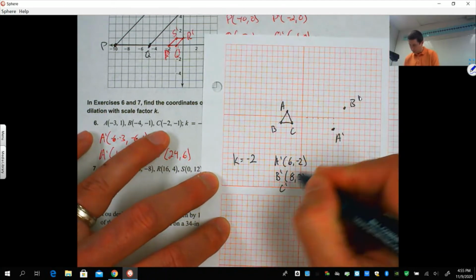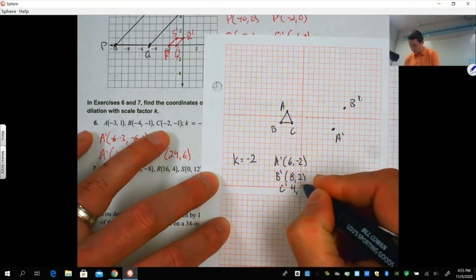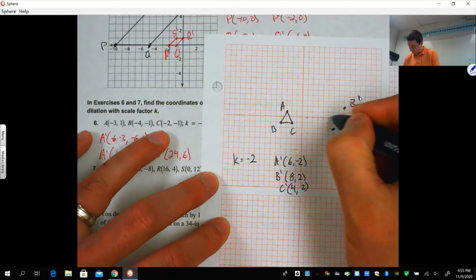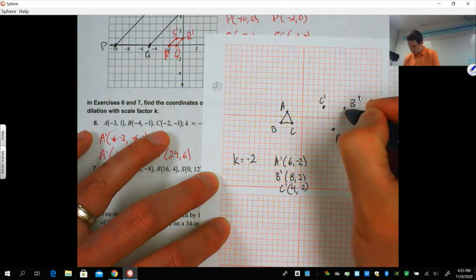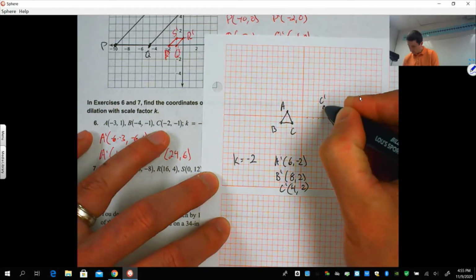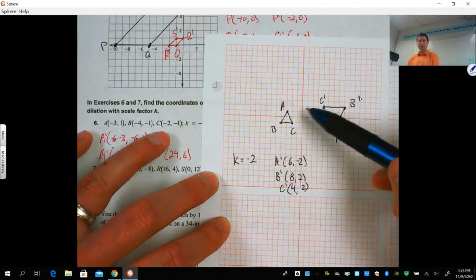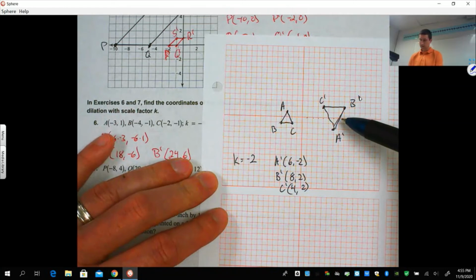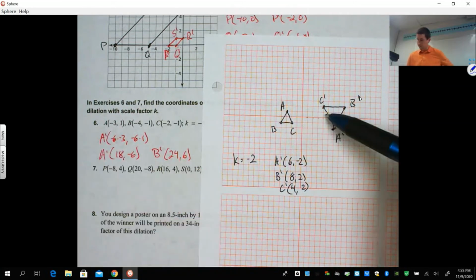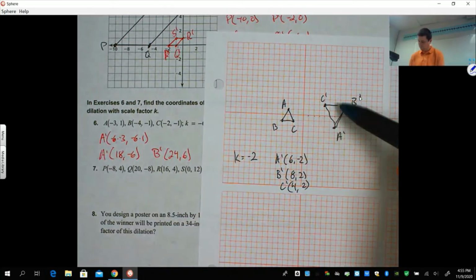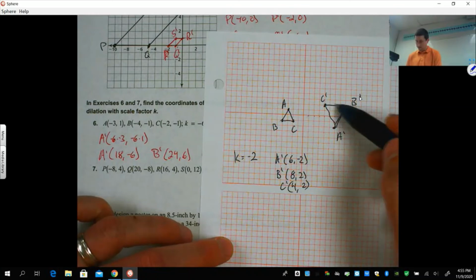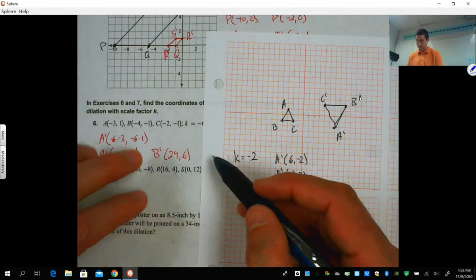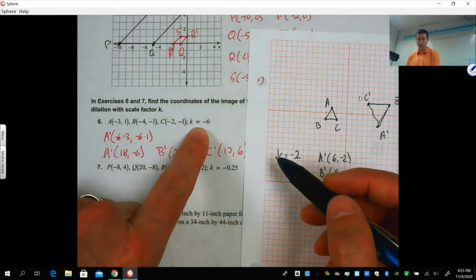And C prime would be at 4, 2. So you see how you have a 180-degree rotation and an enlargement. Okay, by 2, that means your area has a scale factor of 4. So there's the rotation that happens when you get a negative k value.